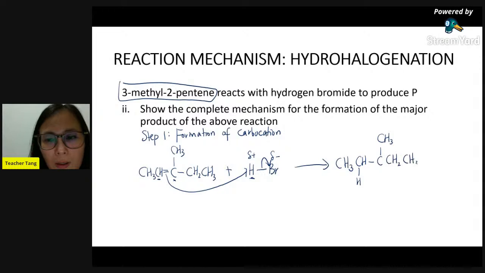So can you see the third carbon here belongs to the carbon? So 4 valence electron tolak 3, so positive 1. Okay, and the bromine, remember, so if we draw out all the lone pair, so 3 lone pair, and then after bond breaking, it becomes 4 lone pairs.